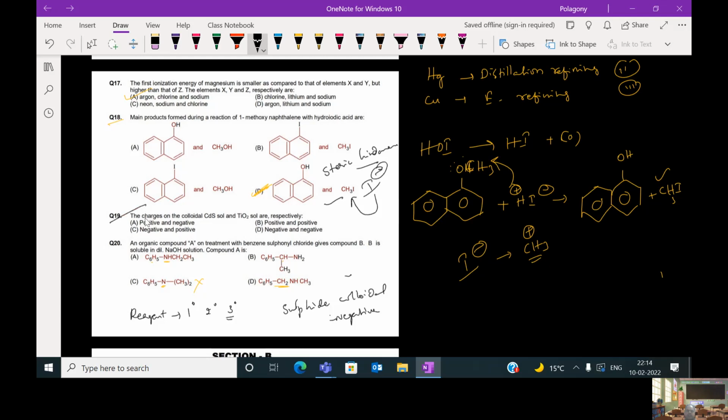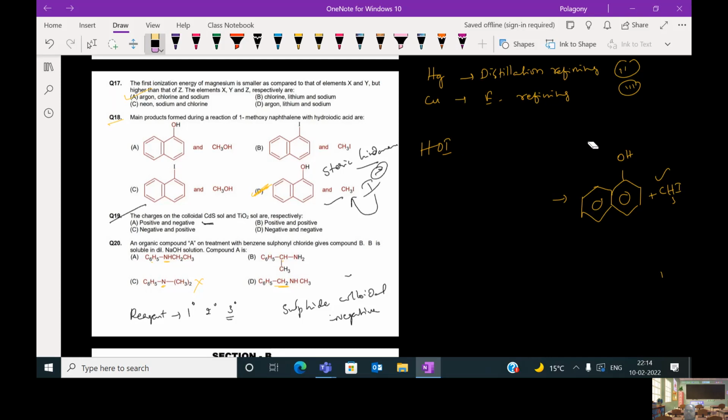Now the 19th question: the charges on the colloidal solutions of CdS, cadmium sulfide, and titanium oxide. From colloidal solutions, a very important thing: there are two types of colloidal solutions formed. One has colloidal particles with a negative charge, and the other has colloidal particles with a positive charge.